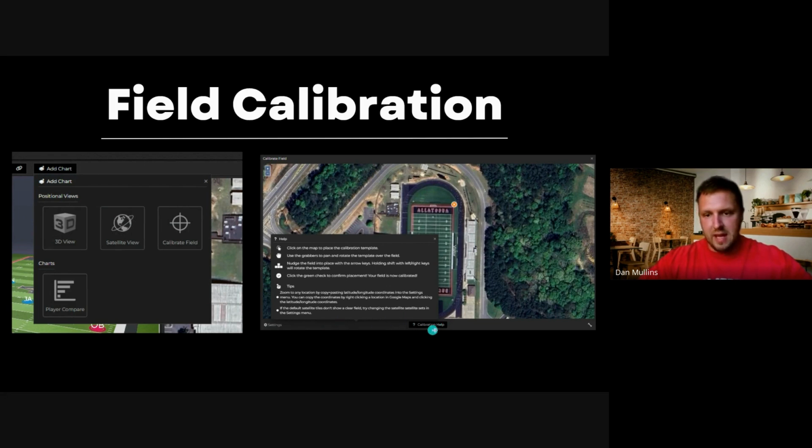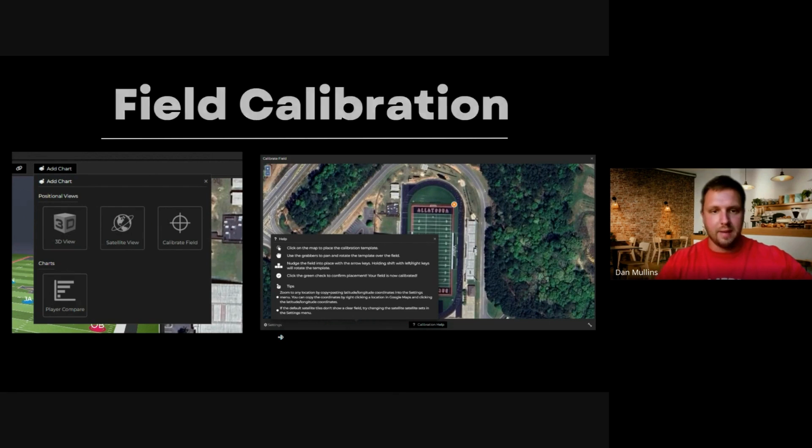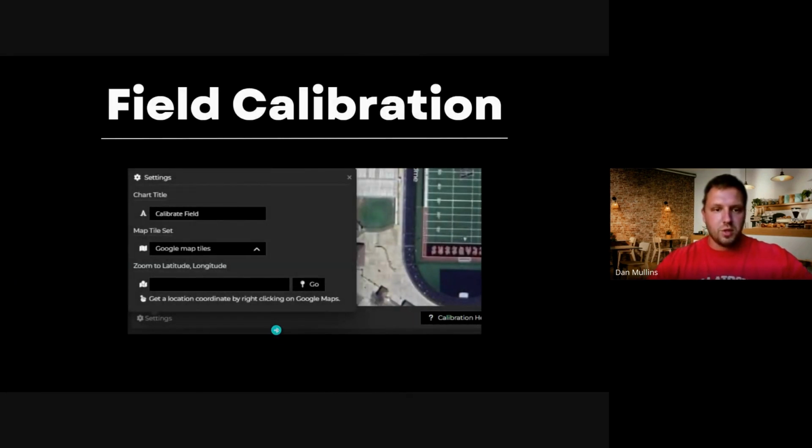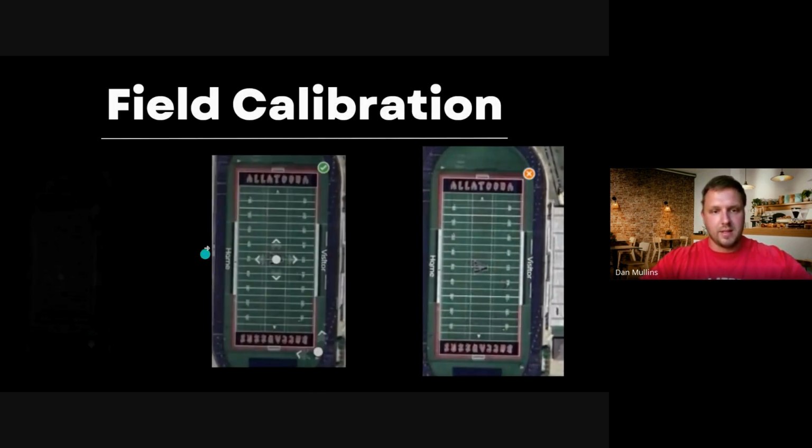There's also this calibrate help button here that can walk you through this if you forget it. But once you pull that up, I can click settings, paste the latitude, longitude, and click go from Google Maps, and it will take me directly to where I was.